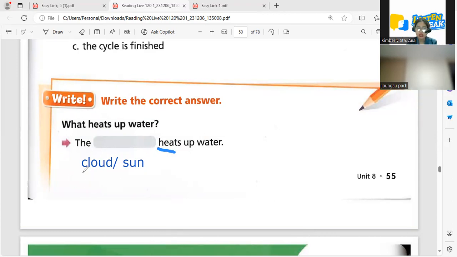Okay? Is the cloud hot? Yes or no? Jimin, is the cloud hot? Yes or no? No. Is the sun hot?